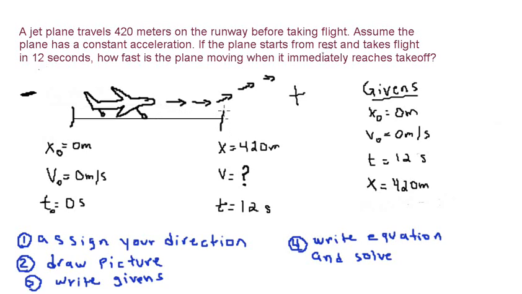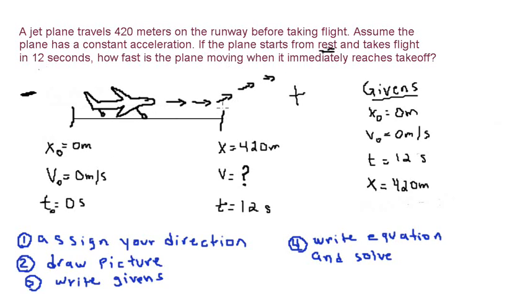This is where the plane takes off. Okay, the initial velocity of the plane is 0 meters per second. I know this because it says here if the plane starts from rest. Okay, so that's a keyword right there, rest. That means that the initial velocity of the plane is 0.